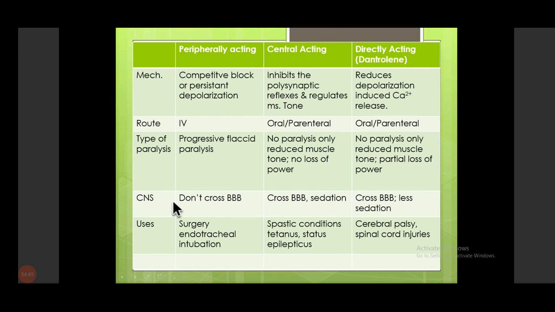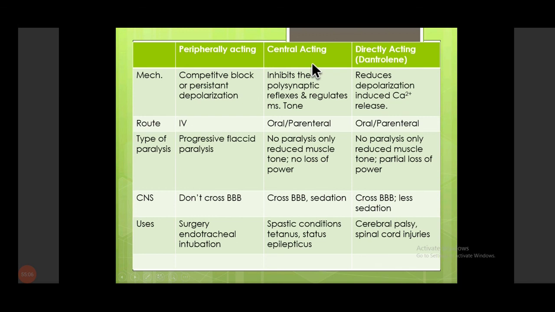Peripherally acting agents, being quaternary, mostly do not cross the blood-brain barrier. Centrally acting agents have a propensity to cross the blood-brain barrier, and hence sedation is a common side effect with the use of centrally acting agents. Directly acting agents cross the blood-brain barrier but cause a lesser degree of sedation.